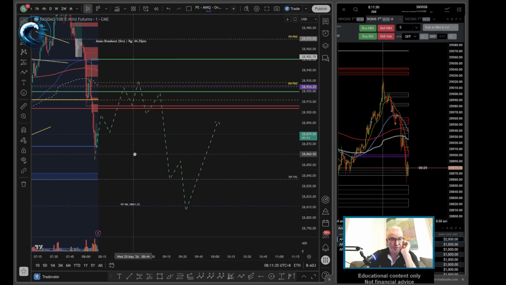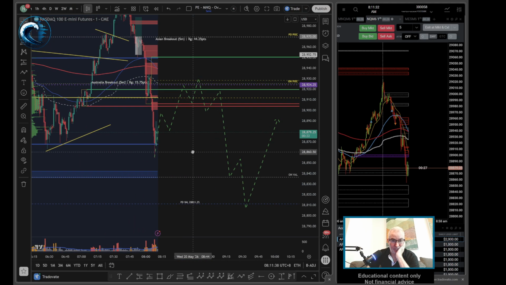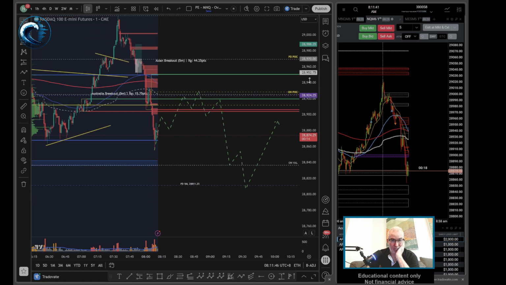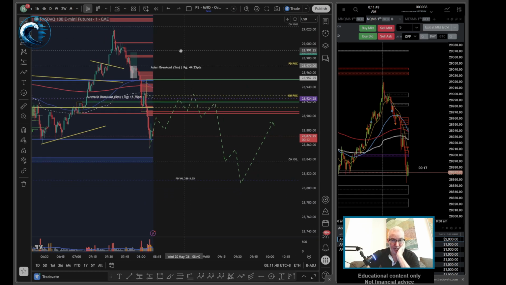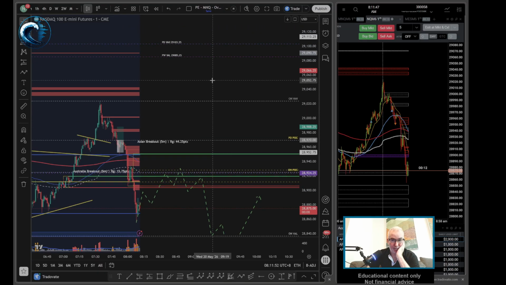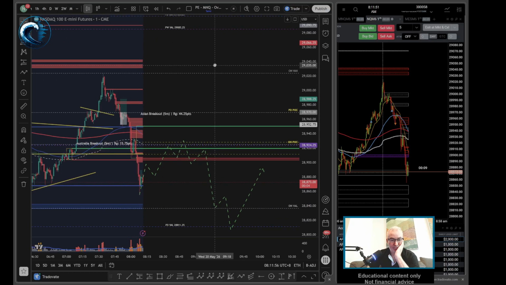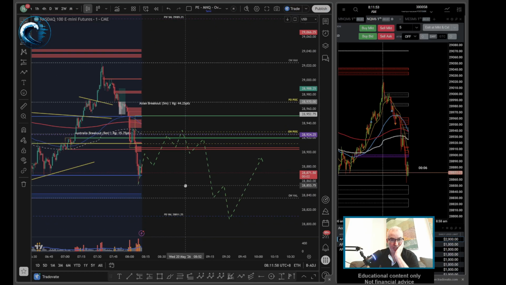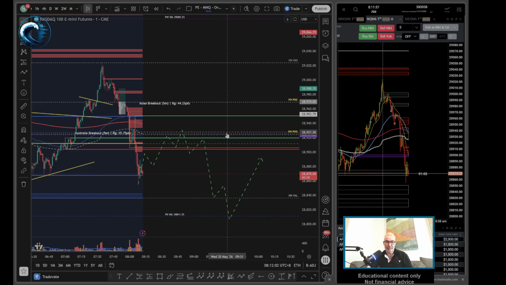That would be what I would imagine is a good sort of pattern to play around with. I won't say it's unusual, but unless it wants to go up here and then do that.